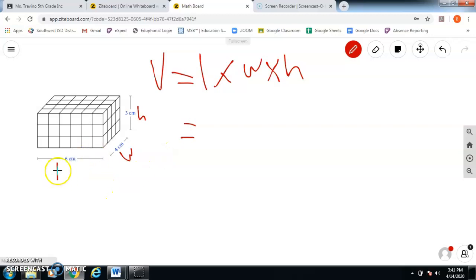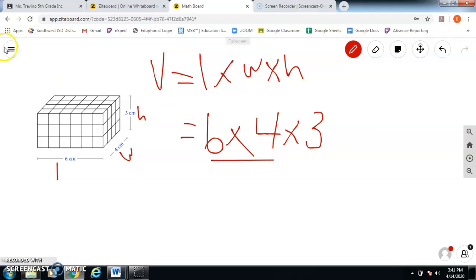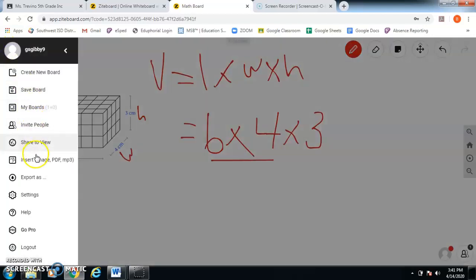Now it's easy to plug it into our formula. Match up your L's. 6. Match up your width. 4. Oops. And match up your height. 3. Right? Excuse me. So now let's work it out. 6 times 4. Okay.